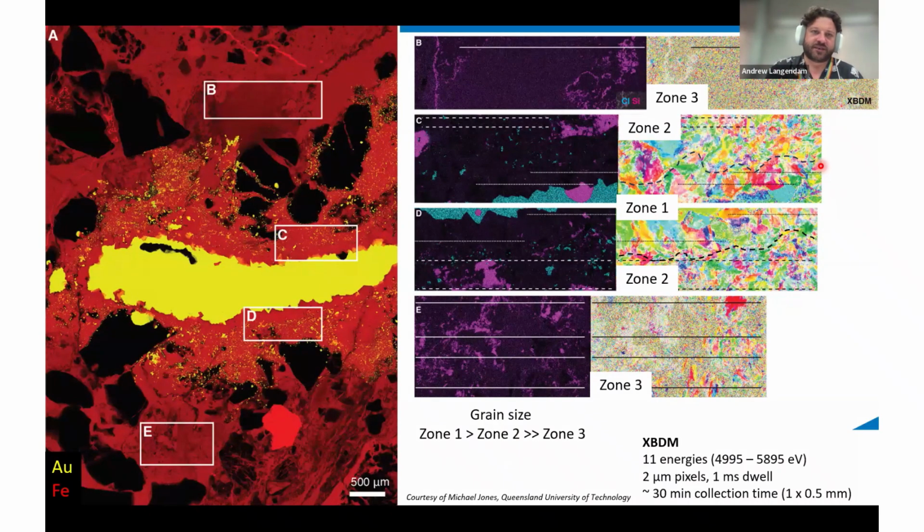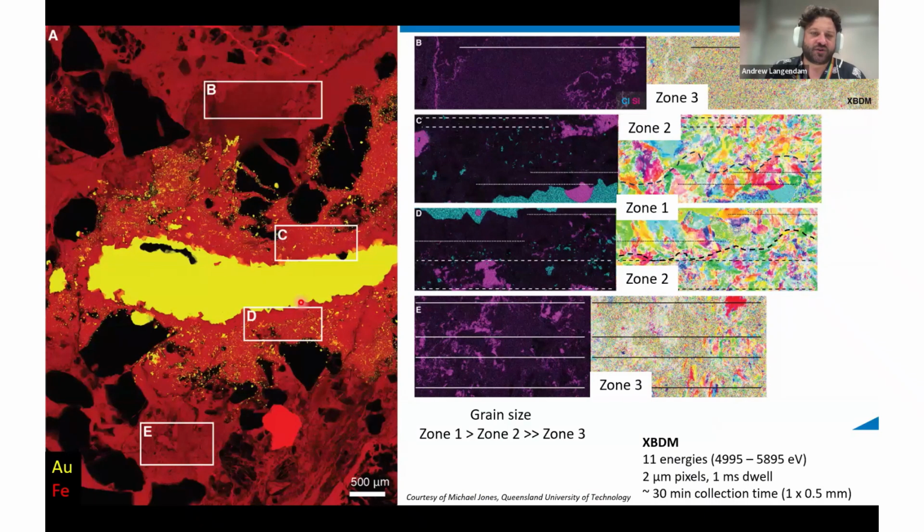So this was a study where Christoph and Michael were looking at a chlorite-hosted gold deposit, where they were trying to understand how this big grain of gold here was relating to this sort of microcrystalline or micro nugget gold that was surrounding it.